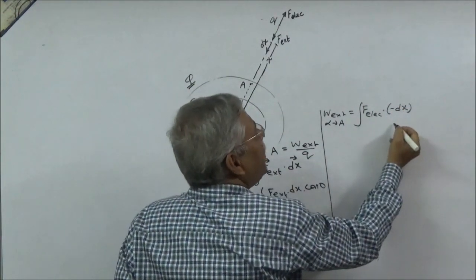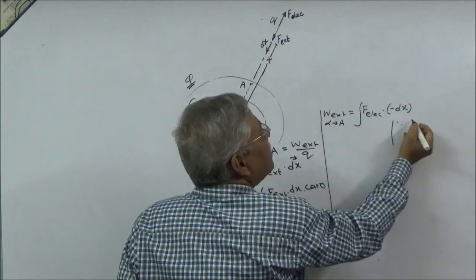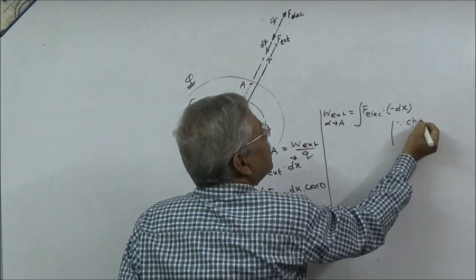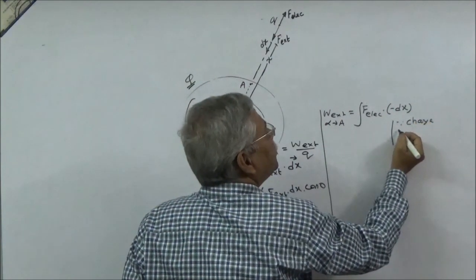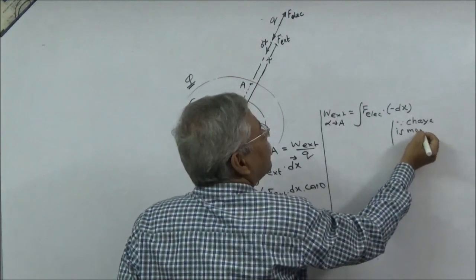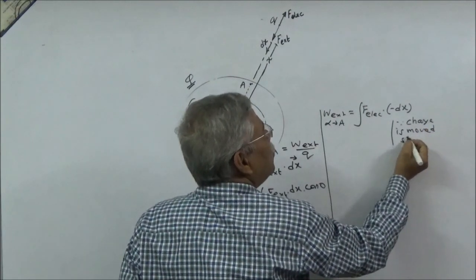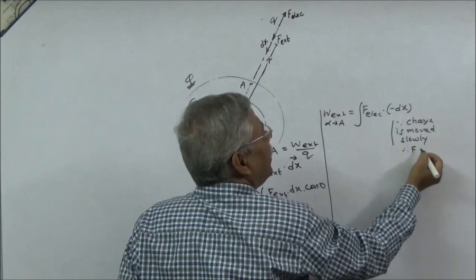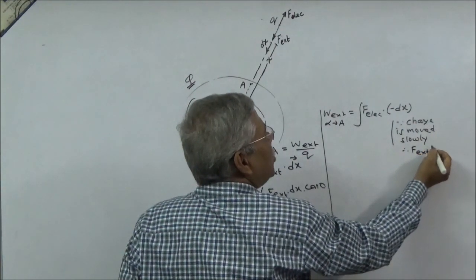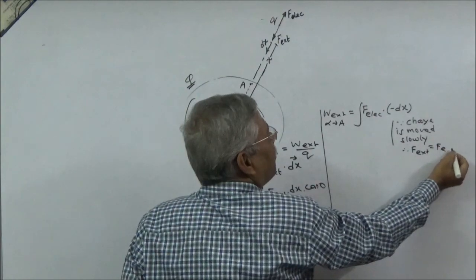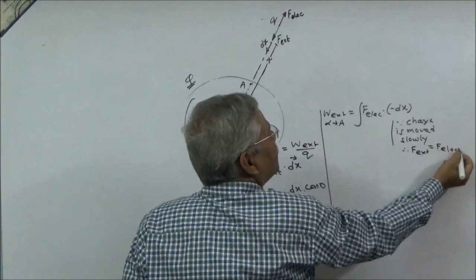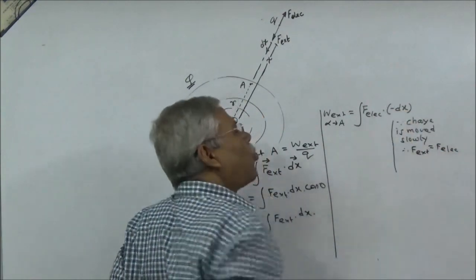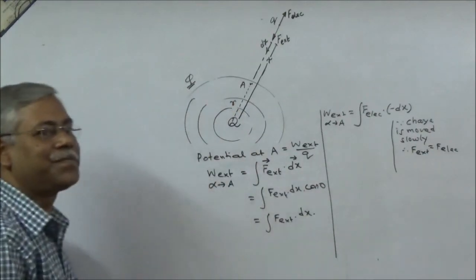In bracket you write, since the charge is moved slowly, hence F external equals F electrostatic in magnitude. And what is the cause of this minus sign?